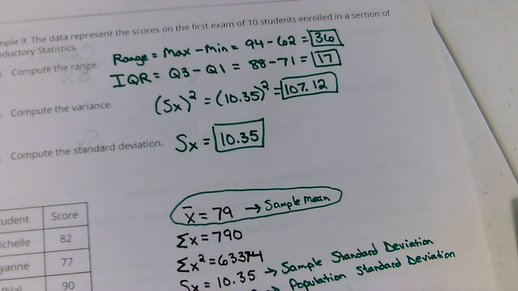It's the degree of spread for the whole data set. So the higher it is, the more spread out the data is. We usually stick with standard deviation when we're talking about spread because it's really saying that most of our data is around 10 away from the mean.